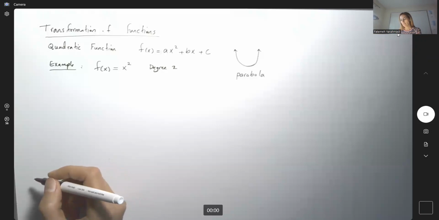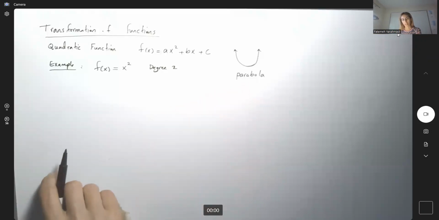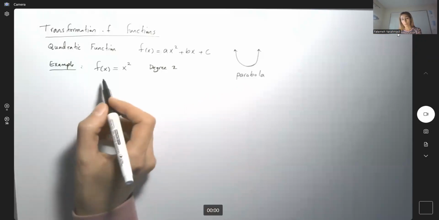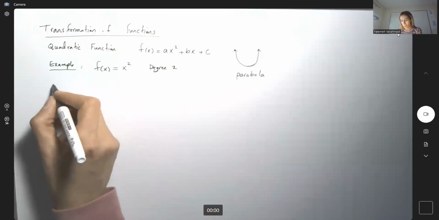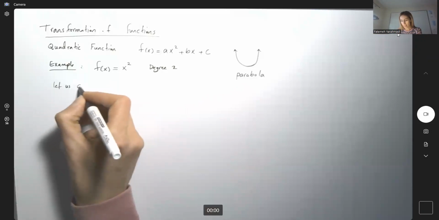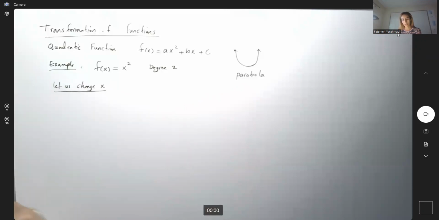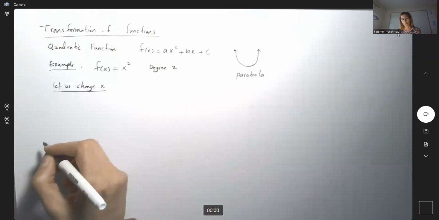Well, we know how to graph this function, but my question is, if I add or subtract a number from x, let us change x. So we're going to see how changes in x will change the graph of your function.